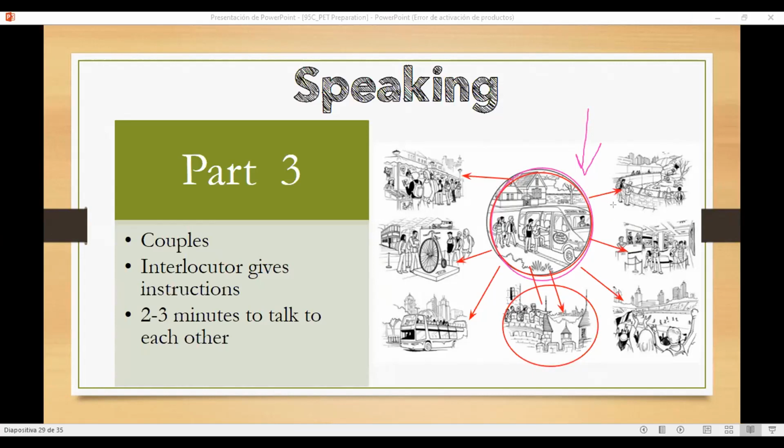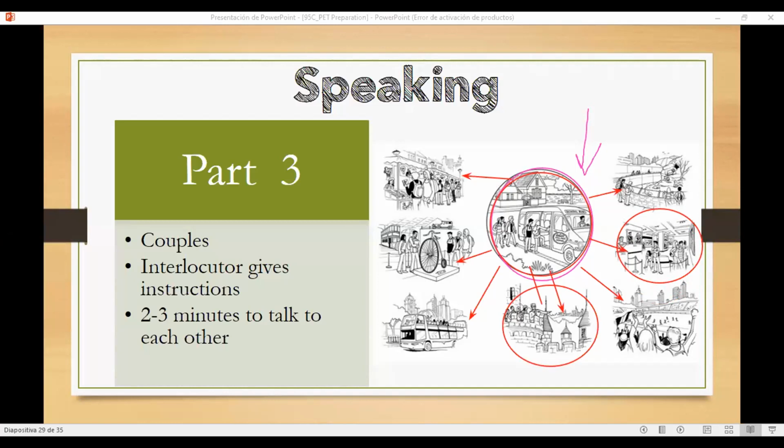Parece que hay un museo, ¿no? Why don't they go to the museum? I think that could be a good idea too. ¿Sí? ¿Por qué no van mejor al museo? Creo que también sería una buena idea. ¿Sí? Y así vamos manteniendo la comunicación y ustedes van como dándose ideas, diciendo en lo que están de acuerdo, en lo que no están de acuerdo.